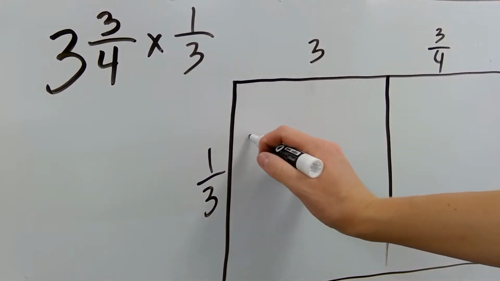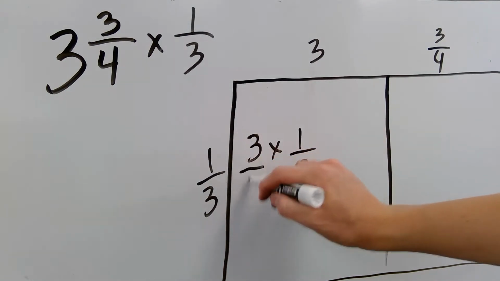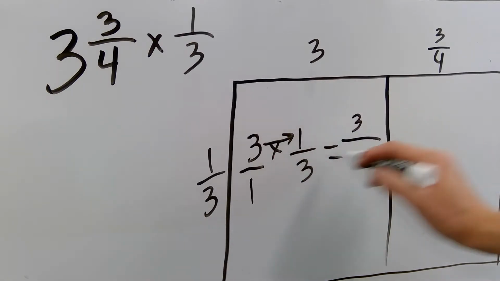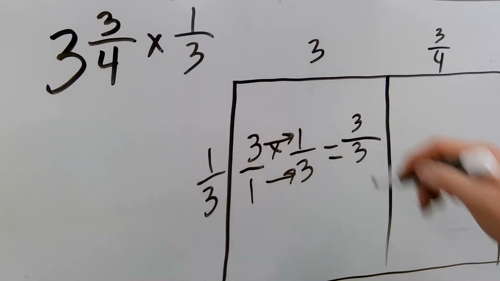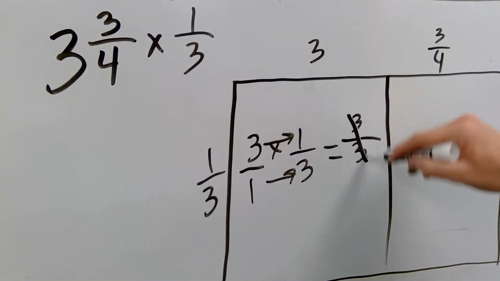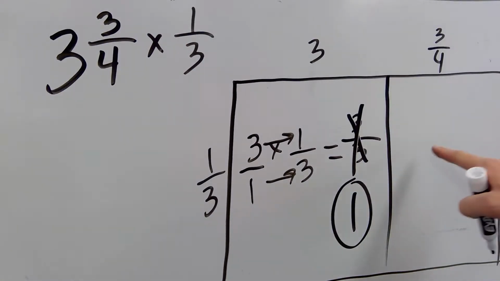So I'm going to do 3 times 1/3. The denominator on 3 is 1 whole. Multiply across, 3 times 1 is 3. 1 times 3 is 3. So this really equals 3/3, which really equals just 1 whole. That makes our math a lot easier.